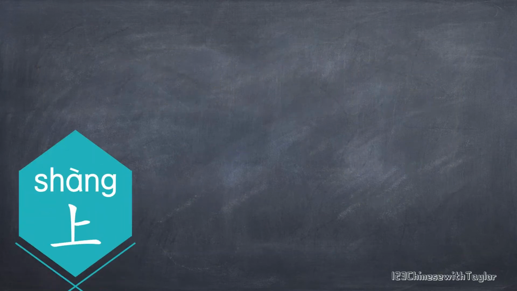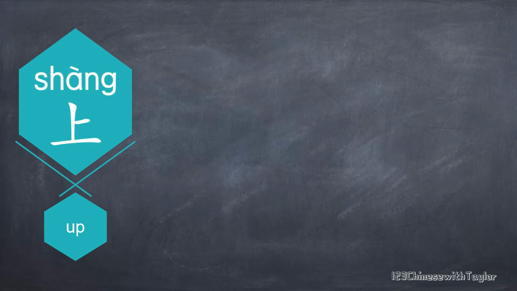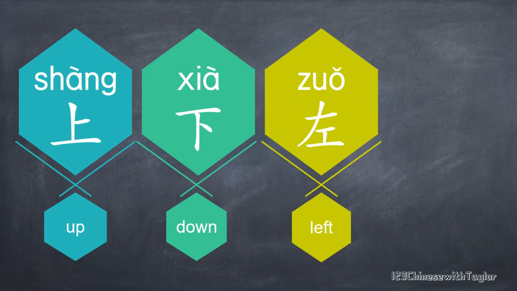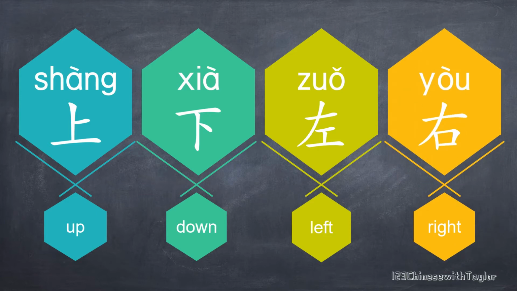The first character is 上, meaning up. Second one, 下, meaning down. And third one, 左, third tone, meaning left. And last one, 右.